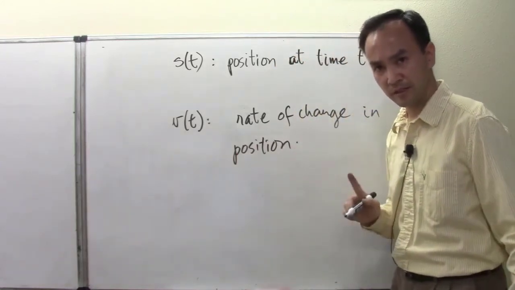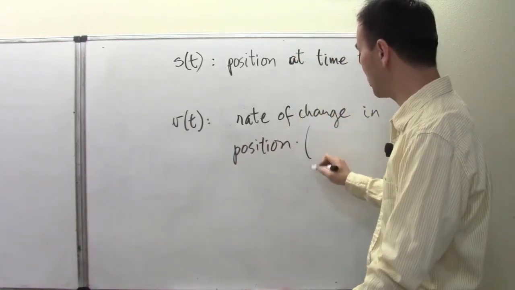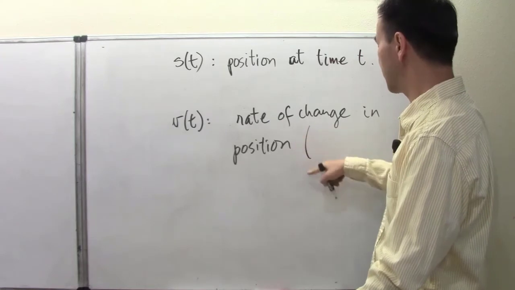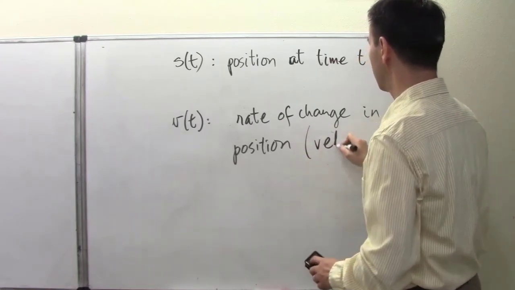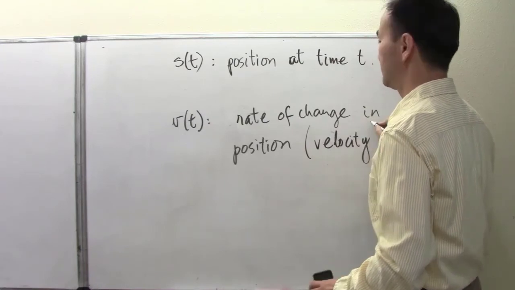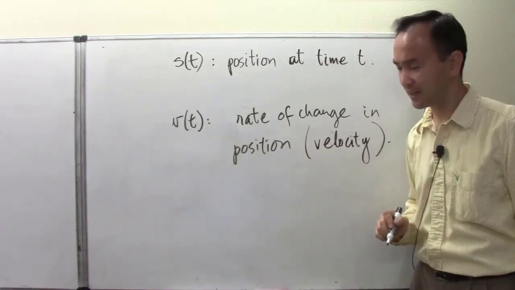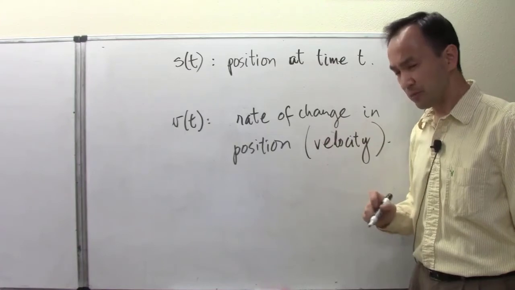Formally, physicists call that velocity. So it's a rate of change in position.